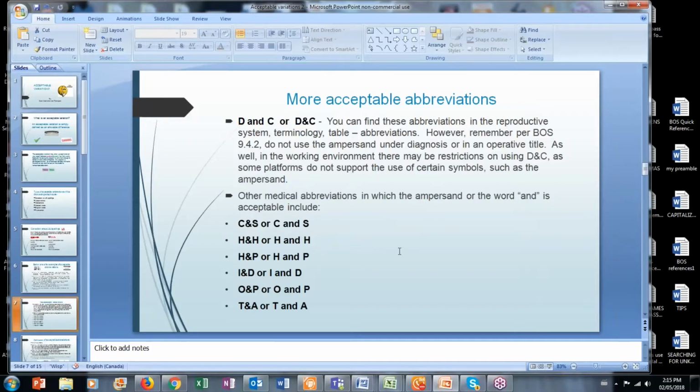But as far as we go in the course, you definitely do not use the ampersand if it's under a diagnosis or an operative title. Spell out the word and. Other than that, if it appears anywhere else in the report, either way, with the ampersand or the word and, is acceptable.